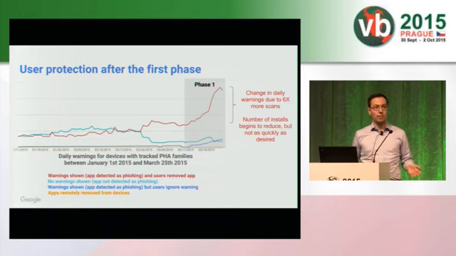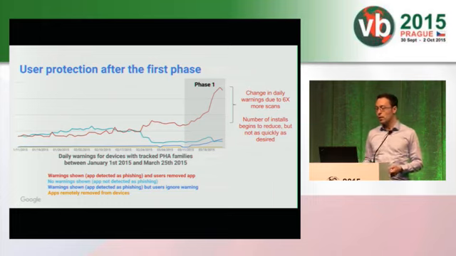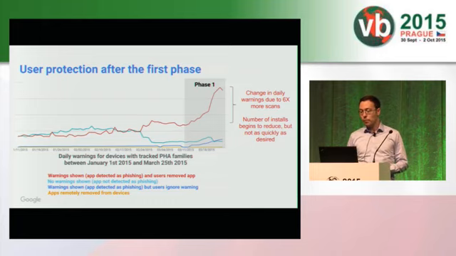The red line shows the number of daily warnings we showed. That goes up 6 times because we moved from warning once a week to warning once a day. And we saw a little bit of users now starting to ignore our warnings. The dark blue line is going up at the end.